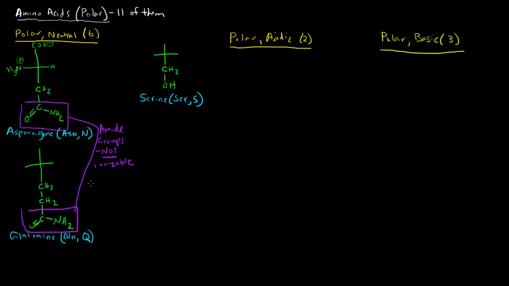So serine, and I'm going to write out this next one. This has a CH2 and a phenyl group. So far that would be phenylalanine, but then we're going to tack on this little OH at the end here, and then what we get is tyrosine.